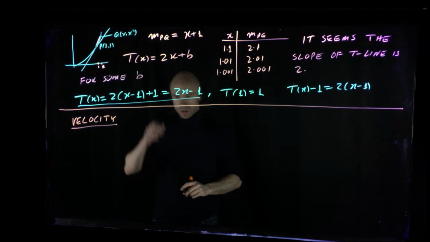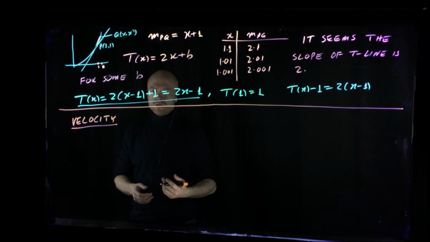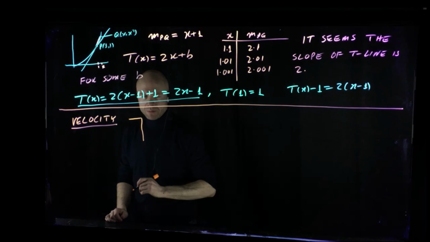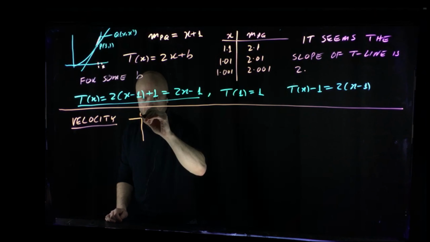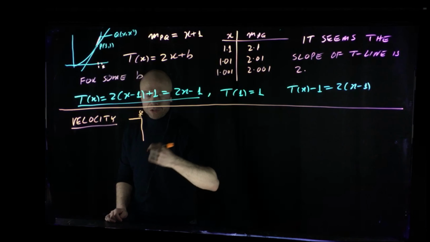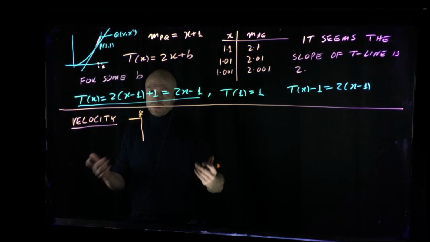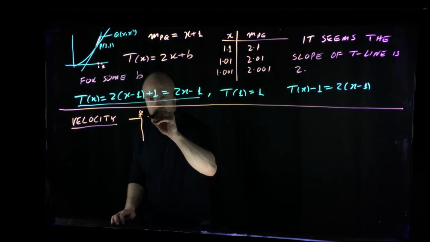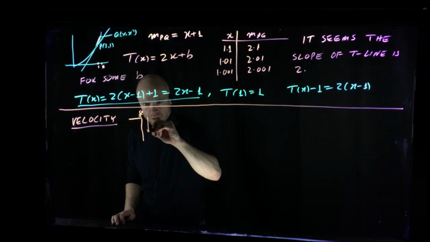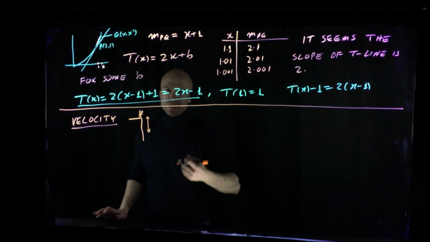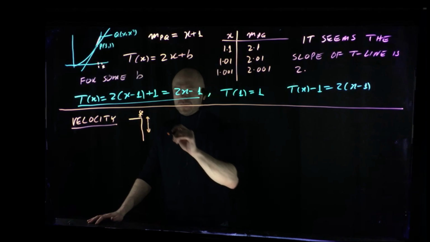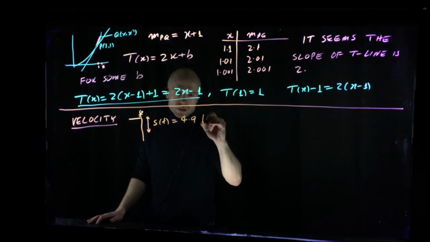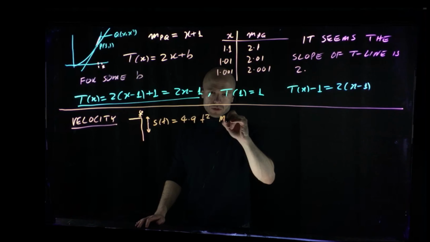So, Galileo discovered this remarkable formula that if you stand on top of some building and you drop a stone or a shoe or a rock or a plate, if you drop any normal object, it's going to obviously fall down. And if t is the number of seconds after you let it go, then the distance it falls is given by this particular formula. S of t is 4.9 times t squared meters.